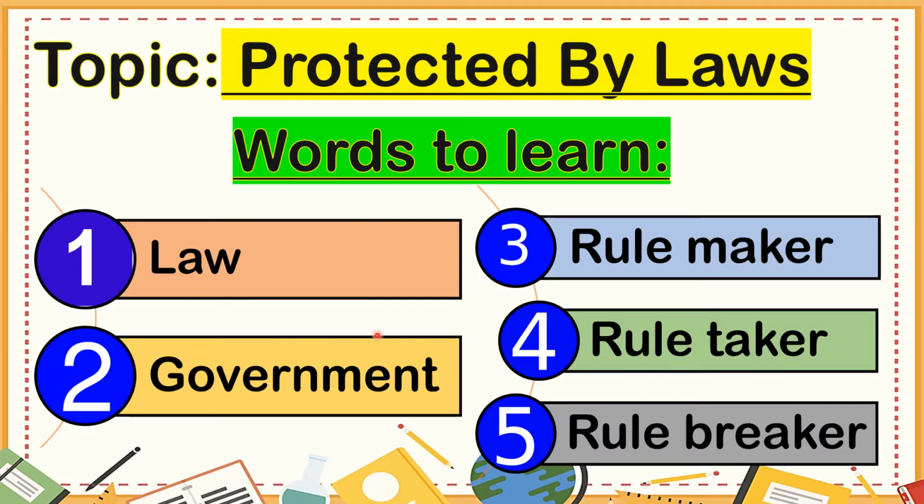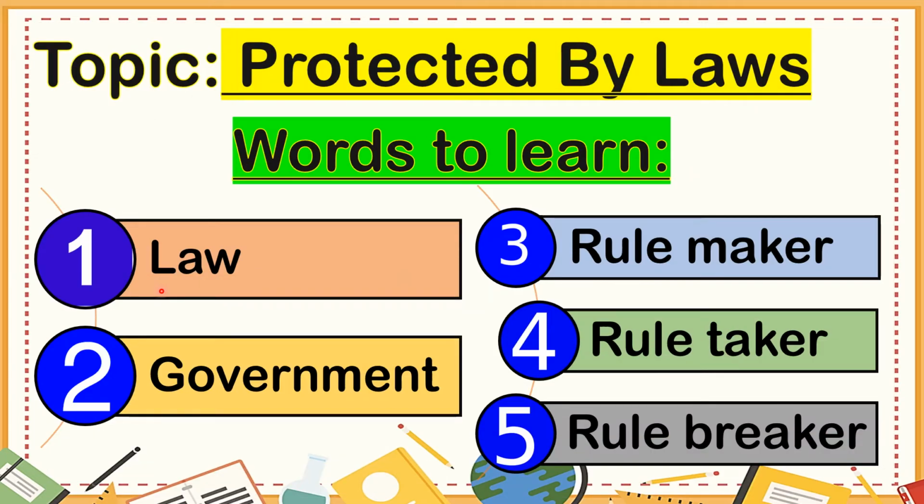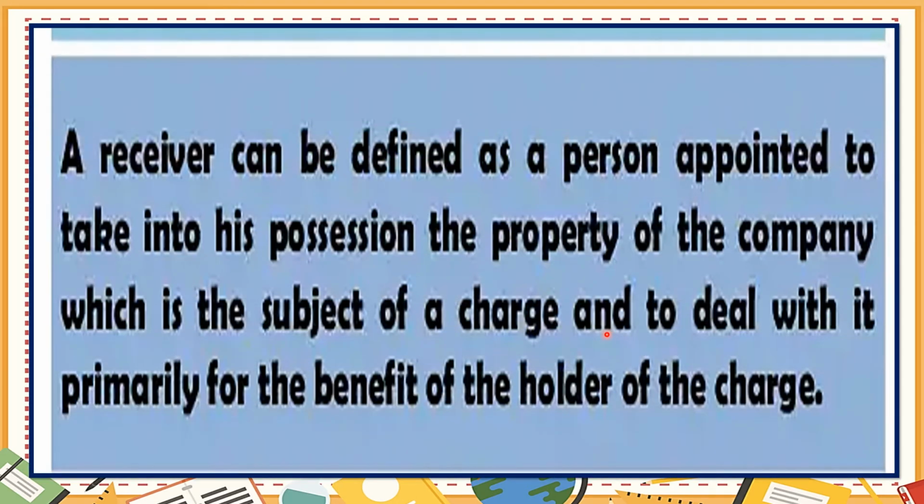Now, class, rule maker. Rule maker, chaos controller. So because they make the rules, they make sure that they control chaos. When you say chaos, war. Okay, that makes the community or society or even the whole country chaotic. Next, rule taker or receiver.